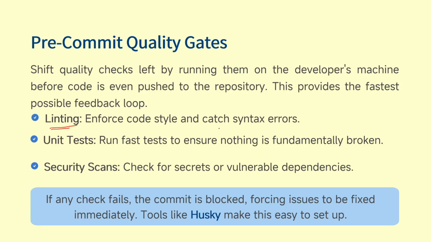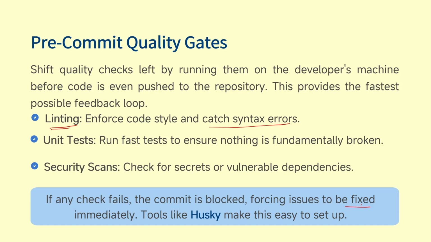So, the code style, and it is also going to catch syntax errors, and unit tests can also be done. This is mainly to identify whether anything is fundamentally broken within a single module, and as a non-functional requirement, you can also do security scans for identifying any secrets or vulnerabilities. So, if any check fails, the commit is blocked, which forces the issues to be fixed much earlier.